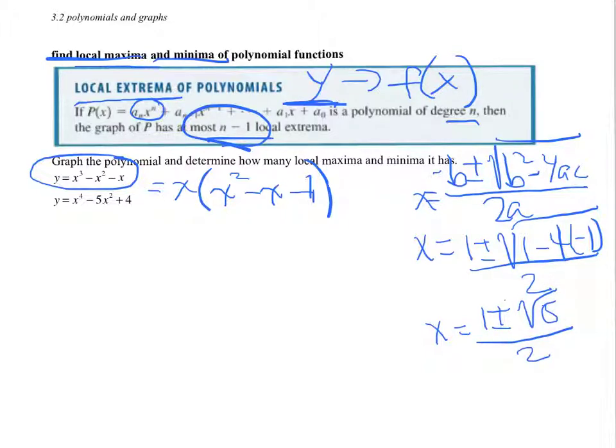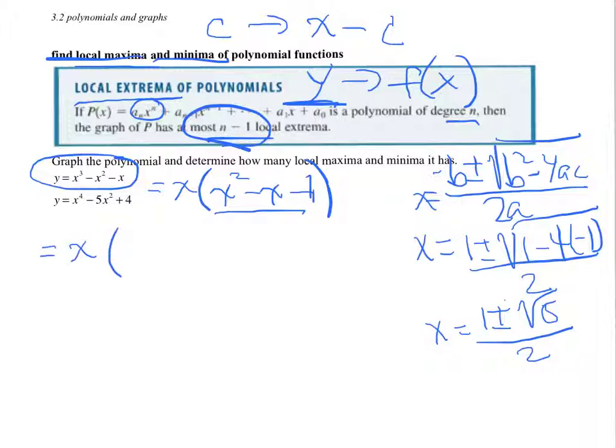Now, that's two numbers, and those are real numbers. And so that means we can factor this, because remember, if c is a 0, then x minus c is a factor. And so here, we can factor this in the following way.